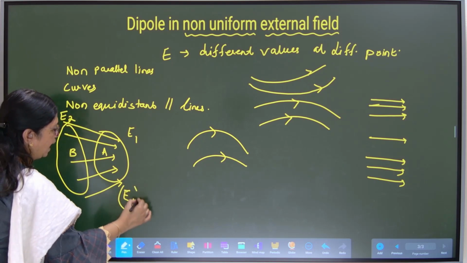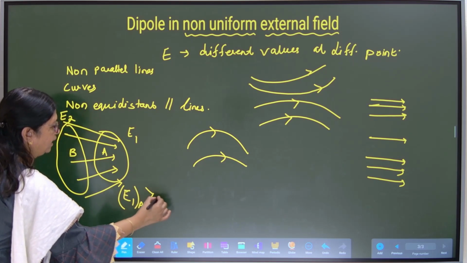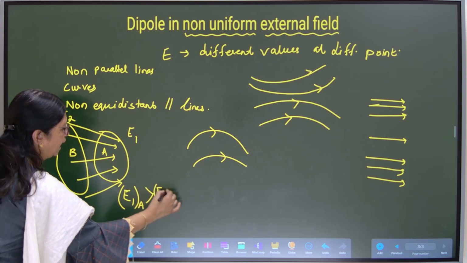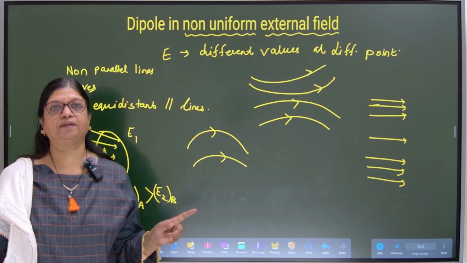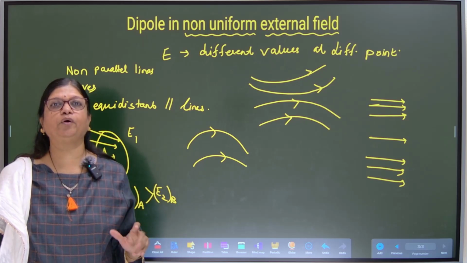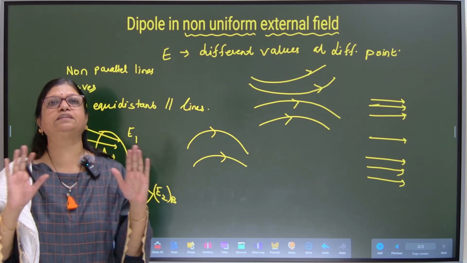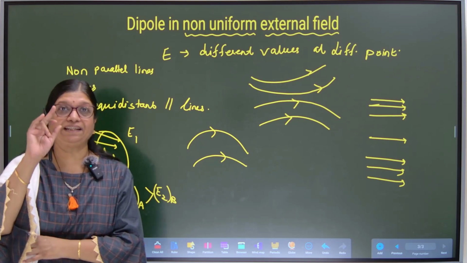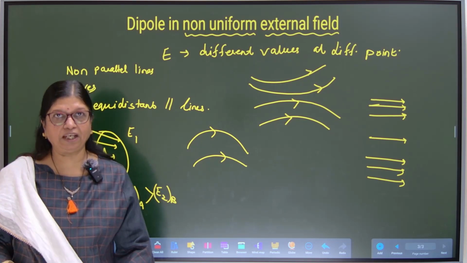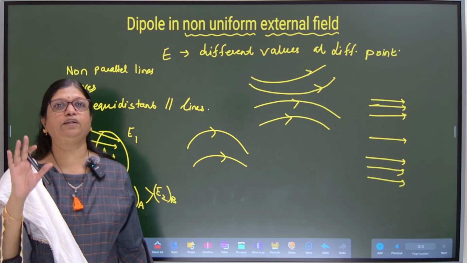E1 at the point A is greater than E2 at the point B. The value is not the same for every point in the given surface for the electric field. Then we can say that the electric field is non-uniform.